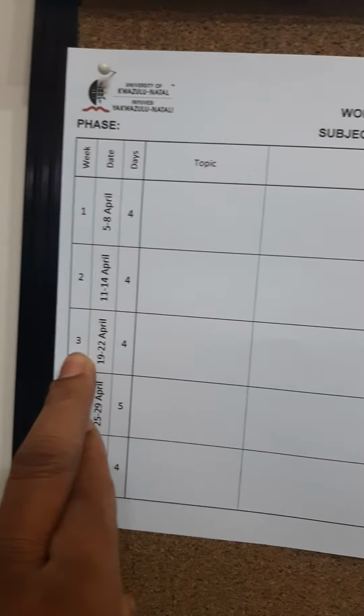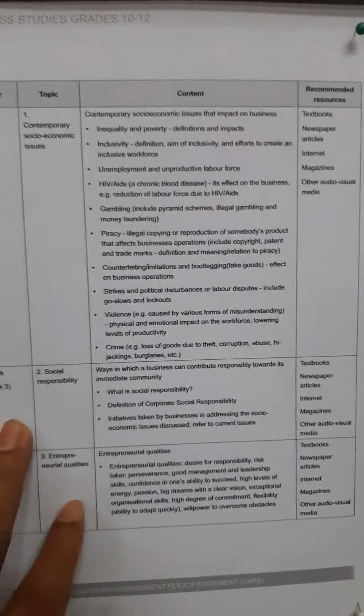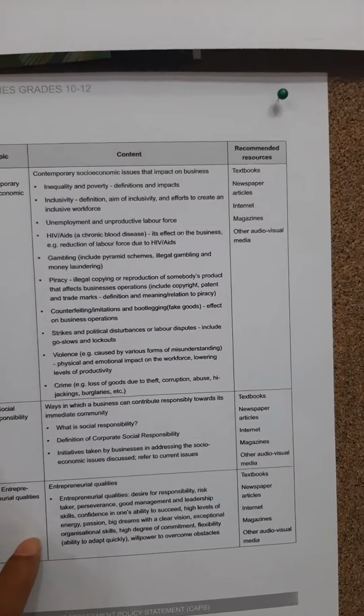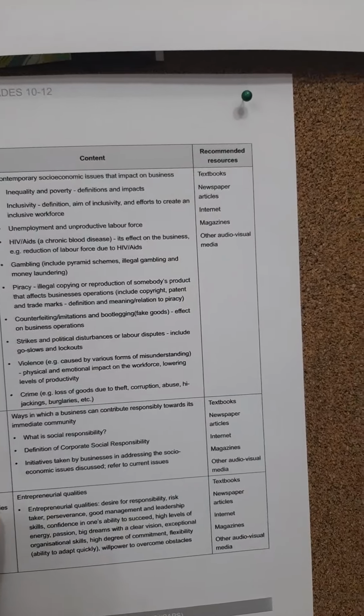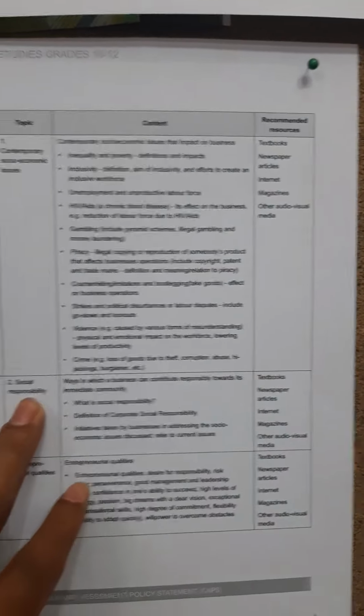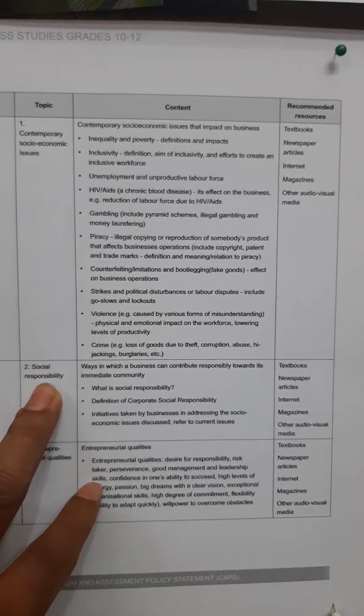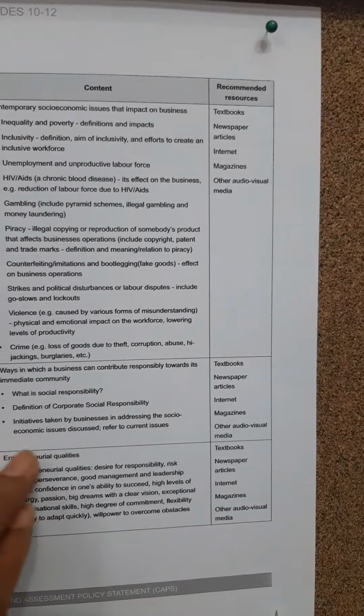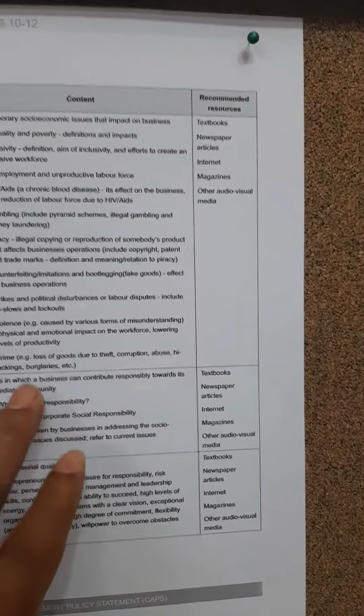In the third week, as in your work schedule, week 3, here in the term plan, you have week 3, and your topic for week 3 is social responsibility. And in the 4 periods that you have in week 3, these are the things that you will teach, right?